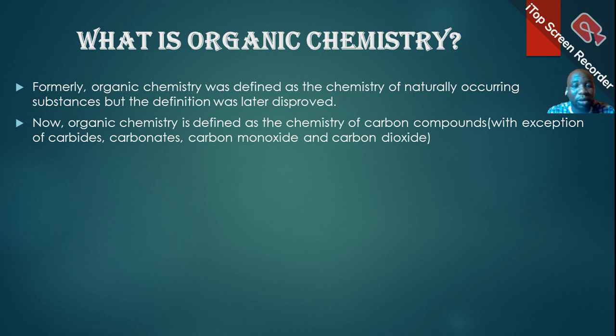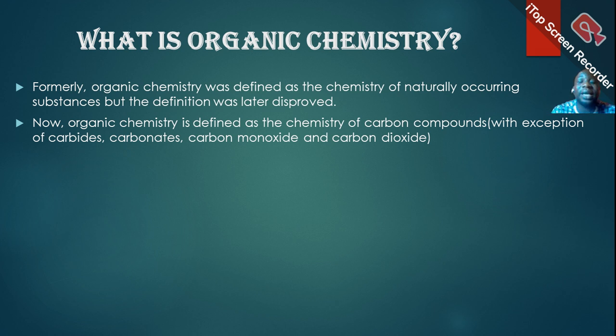Some carbon compounds are not organic, and what are they? Your carbides. Calcium carbide, any carbides are not organic compounds. Your carbonates, talk about sodium carbonate, potassium carbonate, the hydrogen carbonate compounds, they are not organic compounds. The carbon monoxide and the carbon dioxide, which are the two oxides of carbon, they are non-organic compounds.